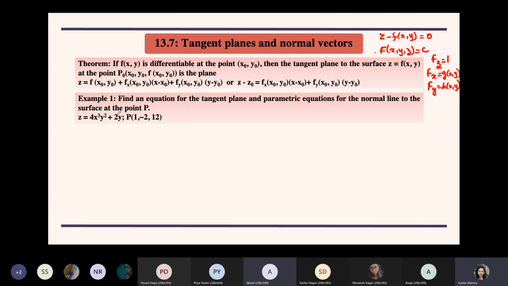Okay, so this is the question. I'll give you 2 minutes to try and solve. You may do it both ways, or maybe some people can try using this form and then find the equation, and others can do it like this. After 2 minutes, I'll ask someone. Okay, let me see.